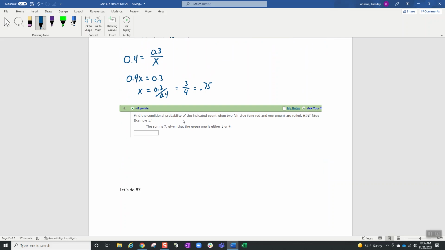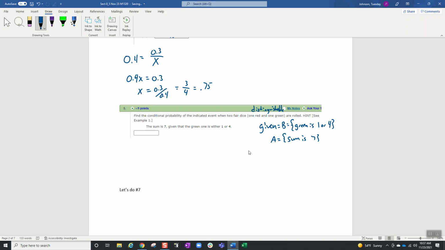Find the conditional probability of the event indicated when 2 fair dice, so these are distinguishable, are rolled. Okay, 1 red and 1 green. Given, that is our B, given that the green is 1 or 4. And we're going to call A the event that the sum is 7.